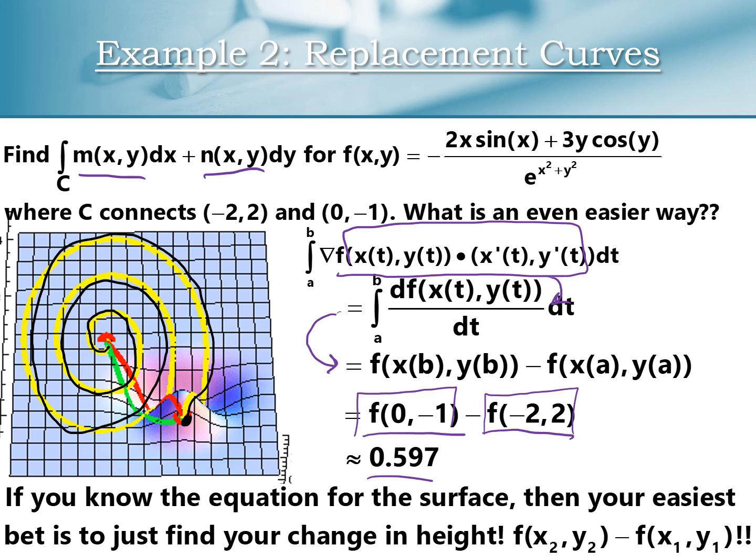So the shortcut is check if your M comma N is a gradient field, and if it is, just find out what your starting point is, find the coordinates of your ending point, and then parameterize a line segment connecting those 2 points, and you can compute your path integral, the integral of field dot tangent, for your replacement curve, and you're going to have a much more computationally accessible problem.